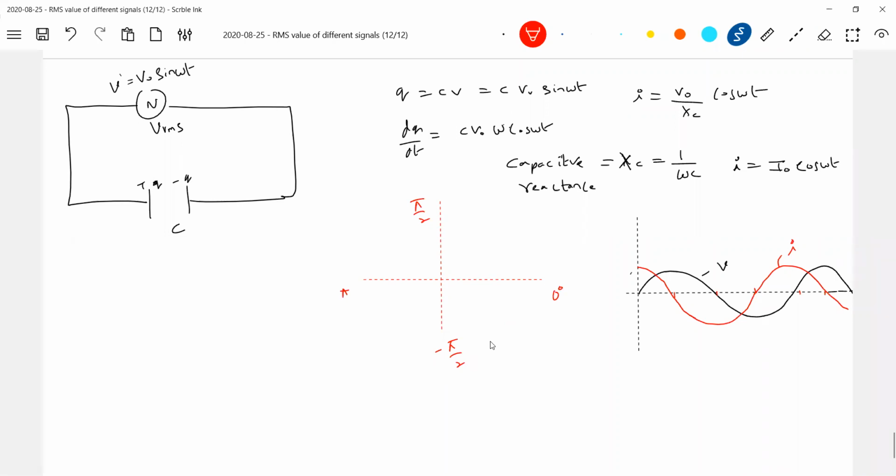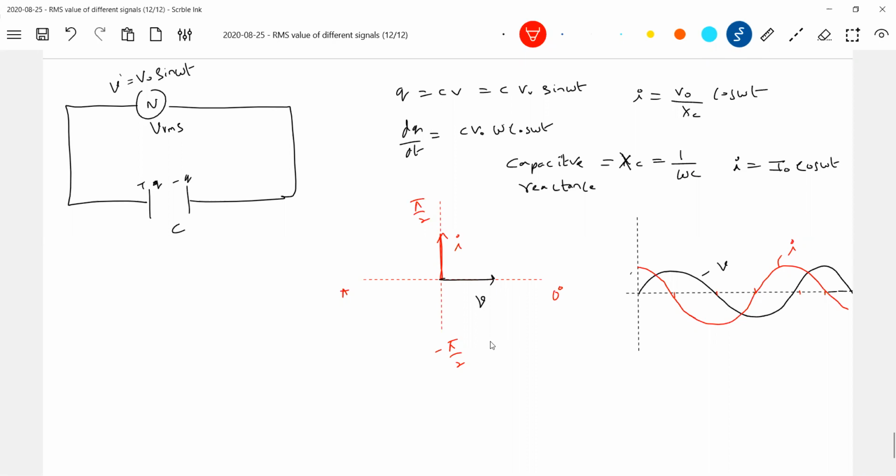Sine omega t, 0 phase. The voltage lies along the x-axis. What about the current? The current is cos omega t. It leads the voltage by 90 degrees. So across a capacitor, the current leads the voltage by 90 degrees.